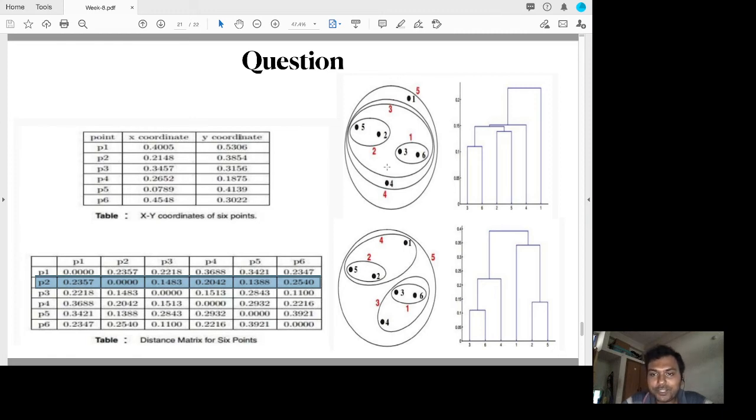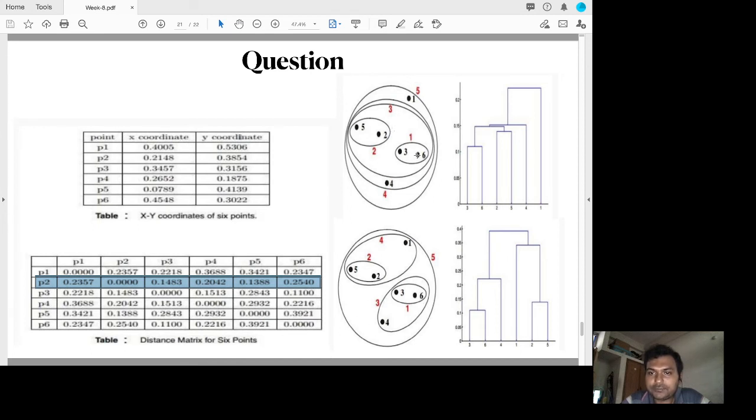So, if point 2 and 3 is the minimum, the other option is, of course, 1; you leave 1, you don't need to worry about it. You need to find out the distance between 3, 6 and 4 and 3, 6 and this cluster. That is the only difference between these two diagrams, correct? In the bottom diagram, 3, 6 or cluster 1 was merged with the point 4.